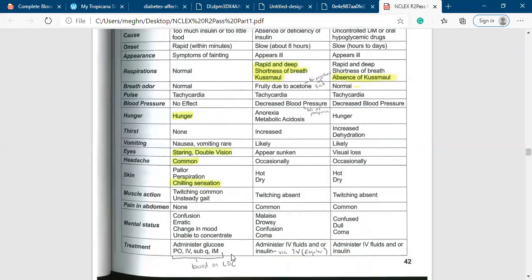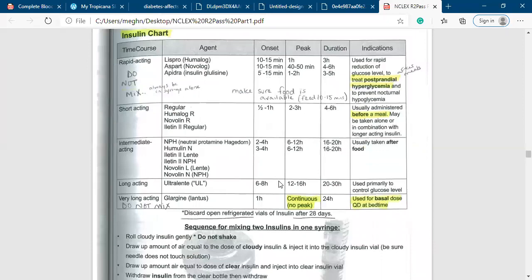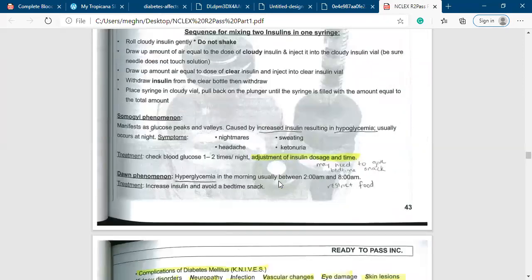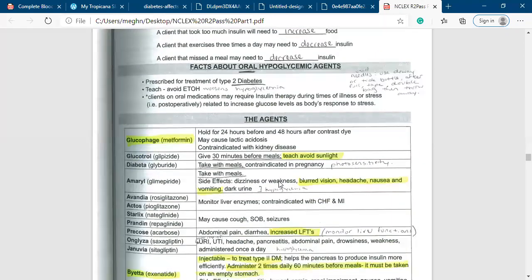So insulin is the only treatment option. But type 2 diabetes is called non-insulin dependent because it is sometimes treated by oral hypoglycemic agents, like metformin, glucophage, or glipizide. These are the oral hypoglycemic agents for type 2 diabetes.